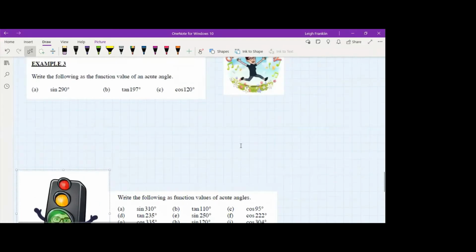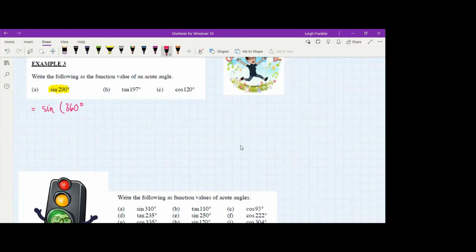Okay, so now sine of 290 minus theta. You've got to have your wits about you here, guys. 290, which quadrant would we be in? We would be in quadrant number 4, because we would have gone 270 degrees, that's the end of quadrant 3. So that means that we have to use 360 minus theta. So this becomes the sine of 360 minus whatever it is to give us 290.